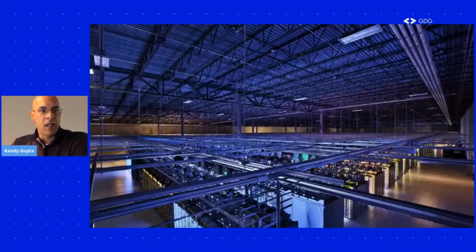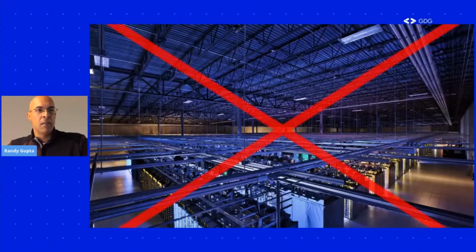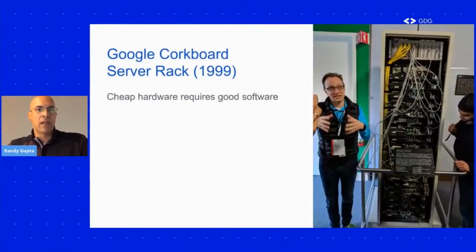So let me start with the data centers. That is not how the data centers in the mid-90s looked like. They looked more like that. This is a picture of a real rack which was used by Google in the very beginning.